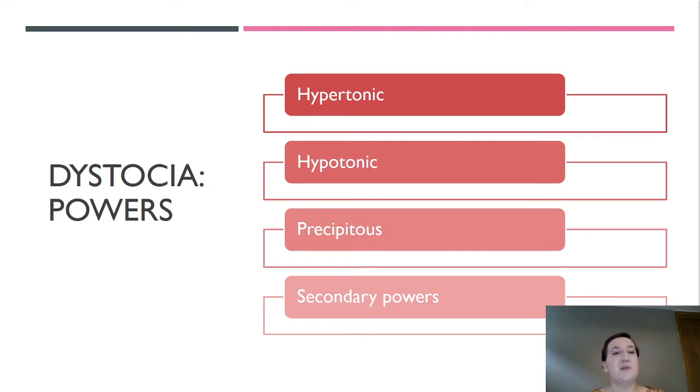Now, when we're talking about dystocia related to the powers, remember we're talking about those contractions. So we have some sort of abnormal contraction that is preventing the normal progression of dilation, effacement, or even fetal descent.